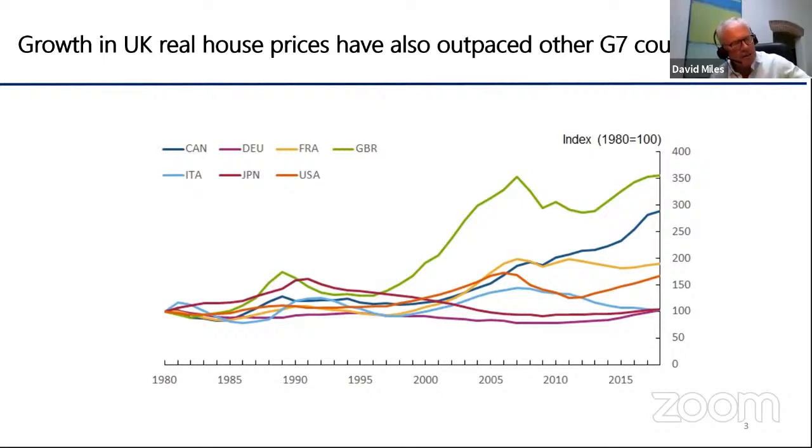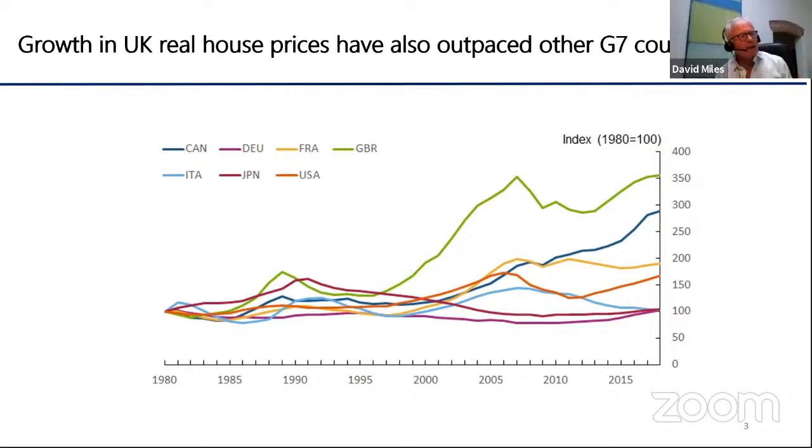So we did an experiment in the research paper I've been talking a little bit about as to what the UK would have looked like if the UK real interest rate had fallen by as much as the average of these other G7 countries, and the UK had the sensitivity of new house building of the average of these other countries.